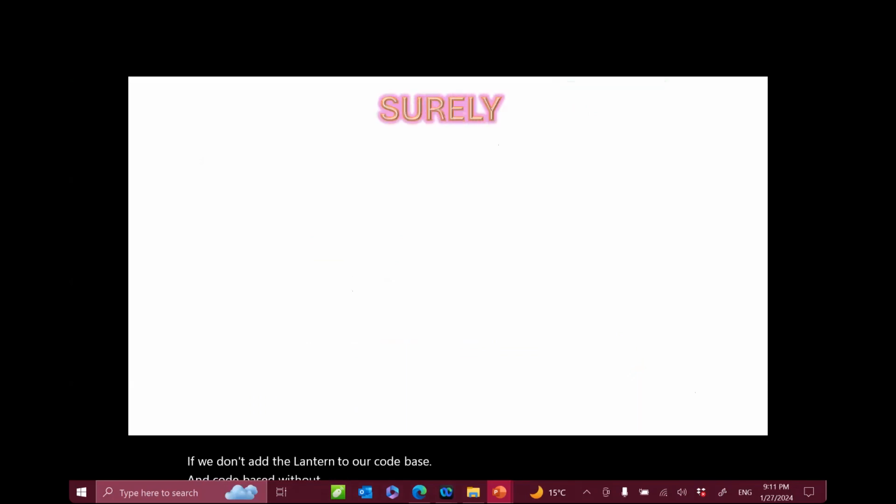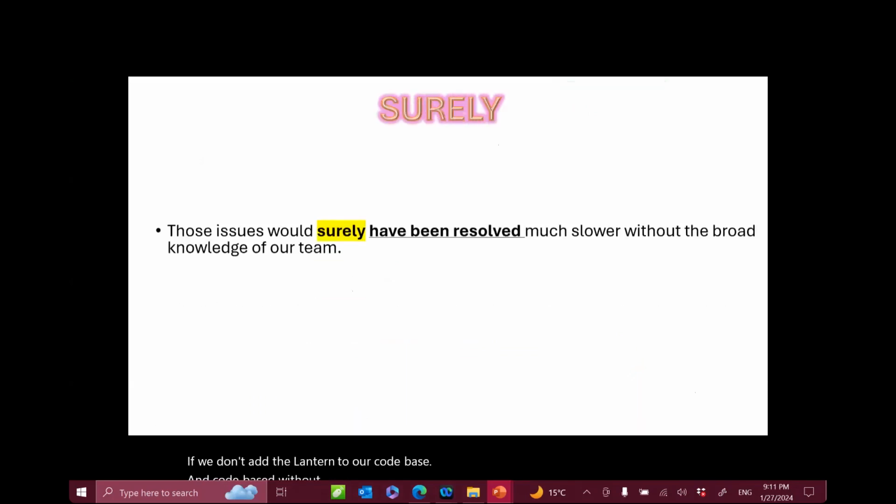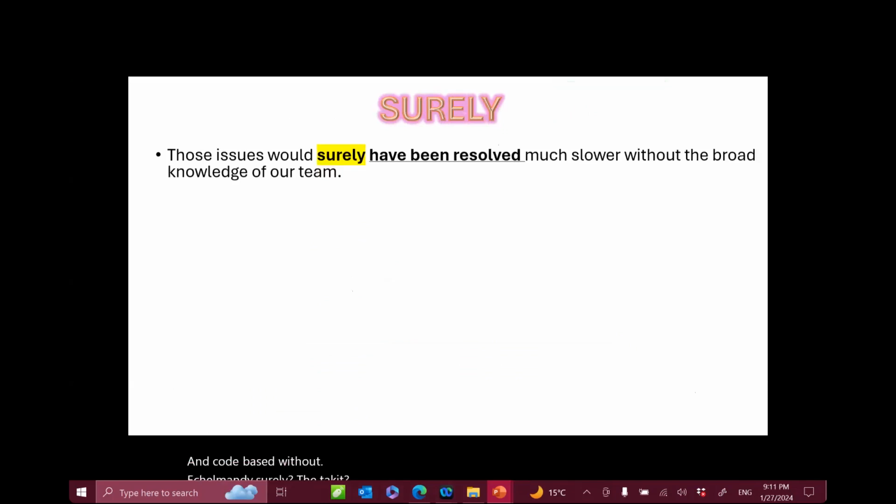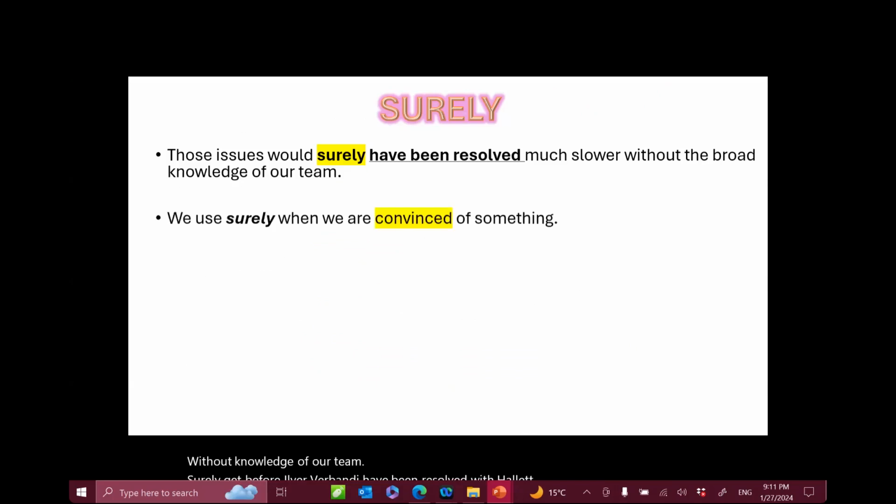آخر كلمة عندي surely بالتأكيد. Those issues would surely have been resolved much slower without knowledge of our team. Surely جت before الverb عندي have been resolved اتحلت much slower بشكل أقل.